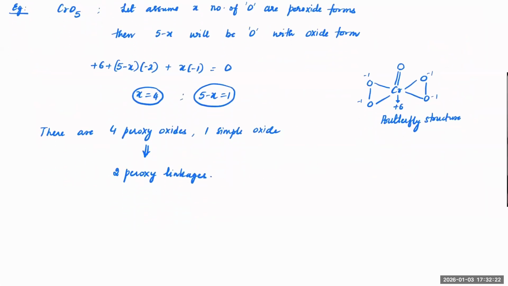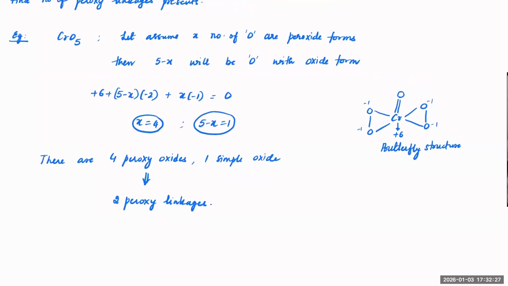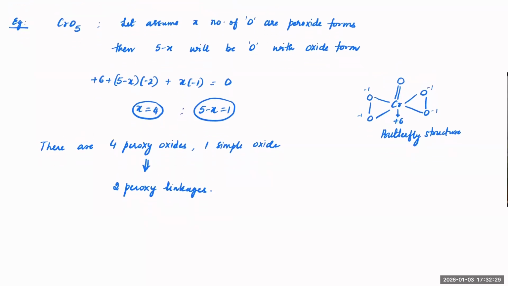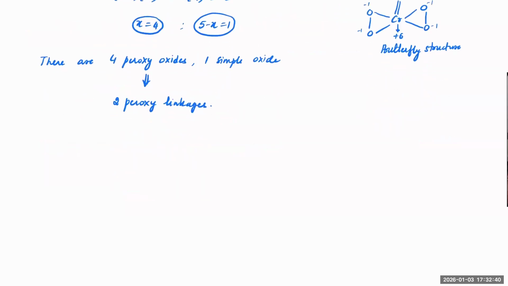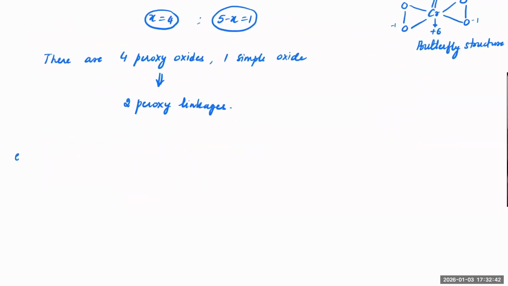Done? Can you try a few on your own to figure out the number of peroxy linkages? Try this one: NO4 minus, Se2O8 2 minus.